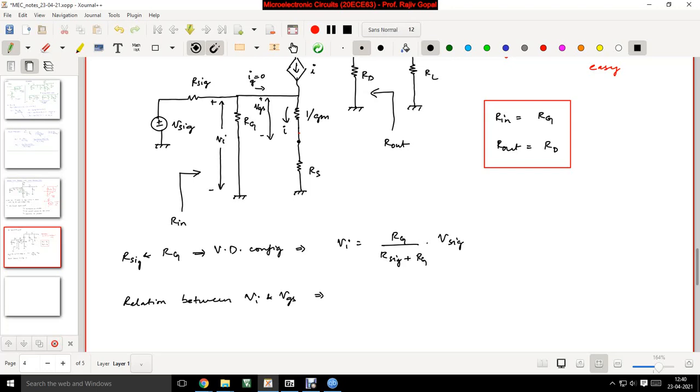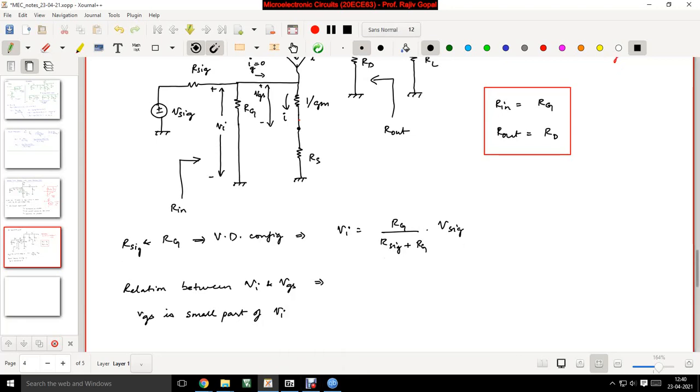So you can say that VGS is a small part of VI, and when I employ Ohm's law, I can write VGS by 1 by GM, voltage divided by current, is equal to VI divided by RS plus 1 by GM.